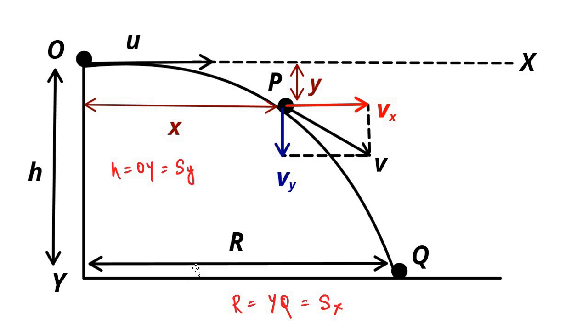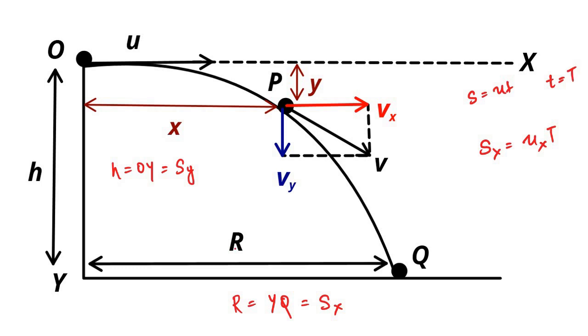So R is simply equal to, we can write Sx is equal to ux into t, because s is equal to ut. Here we take the time as the total time of flight duration.